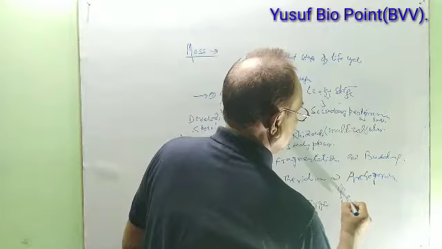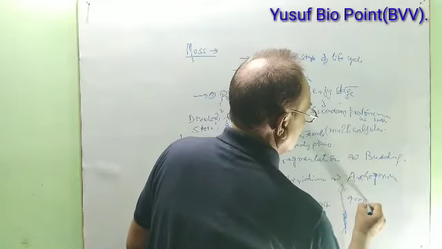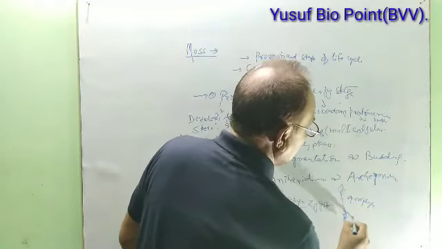This is the sporophyte, which develops on the gametophyte.